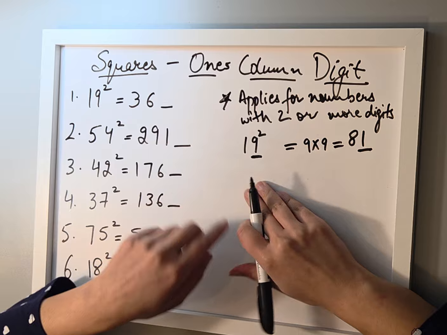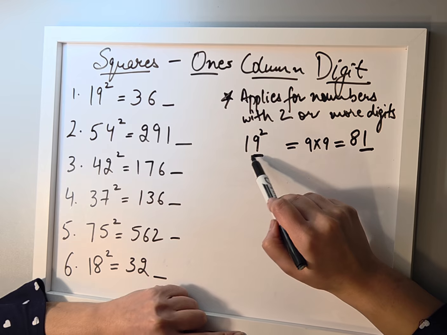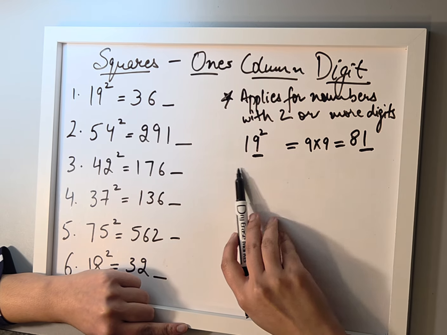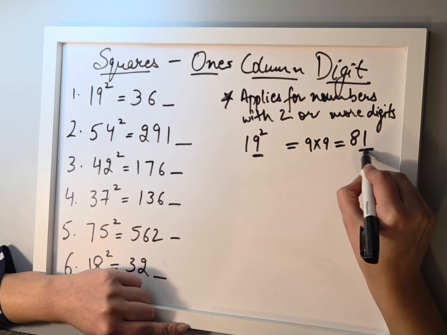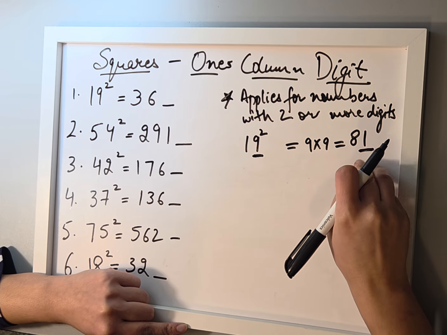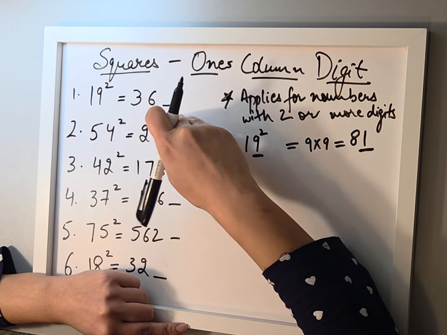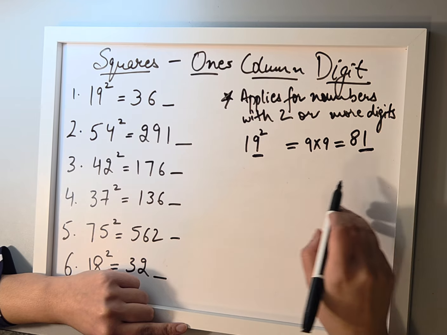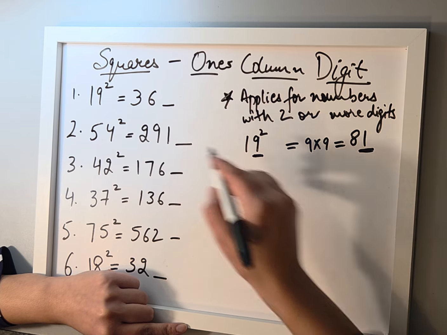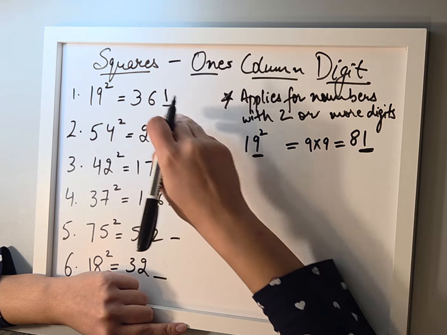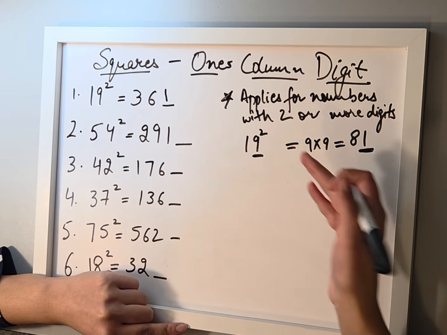So the square of the unit digit, if we look at its ones column, will be the same digit as the ones column of the answer. That is 1. So it is 361, and we know 19 square is 361.